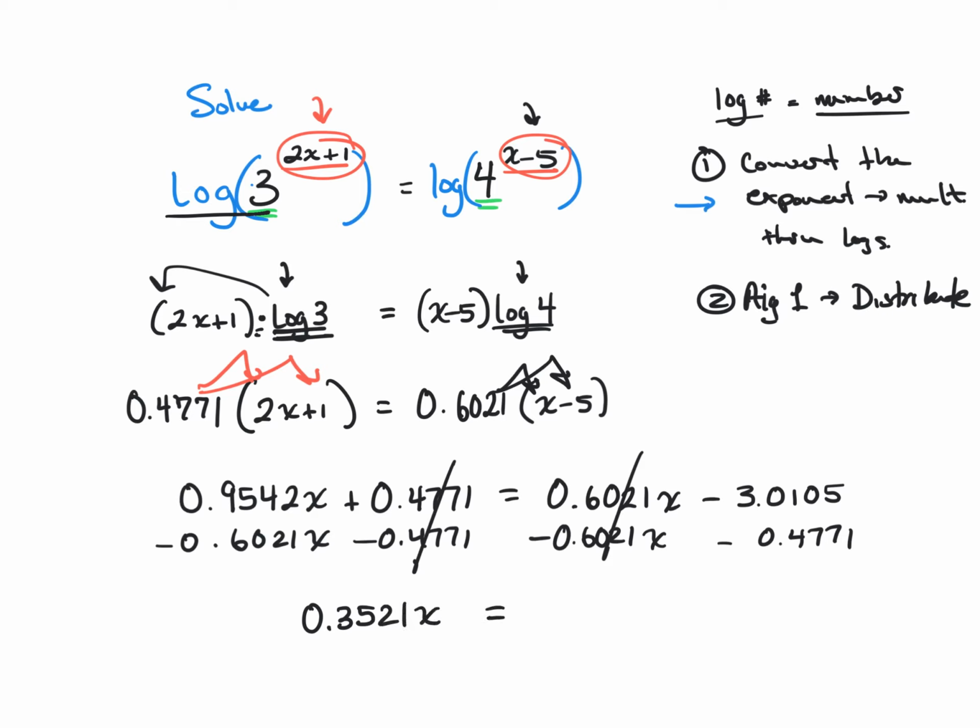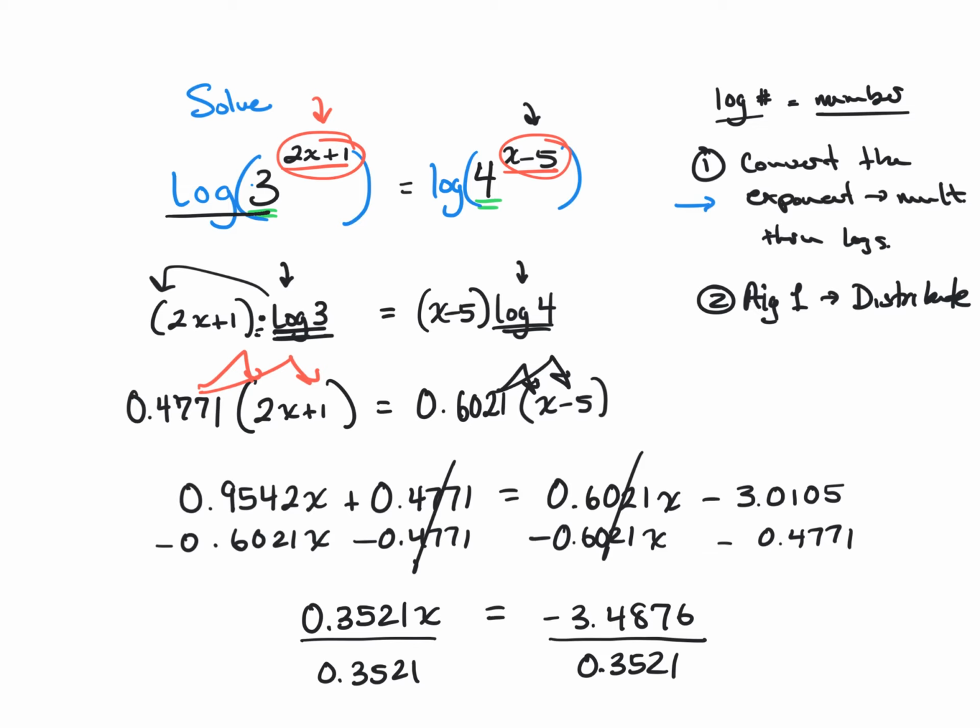I'll get 0.3521x, and that's just going to be equal to negative 3.0105 minus 0.4771, and you end up getting negative 3.4876. The last step is to divide both sides by 0.3521.